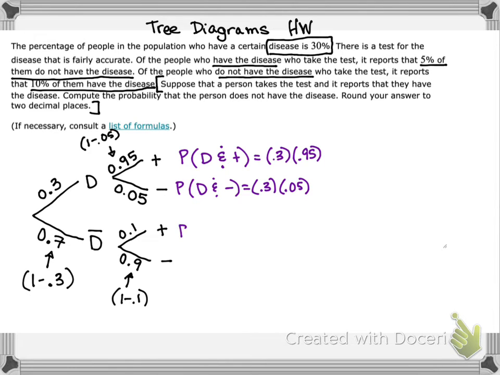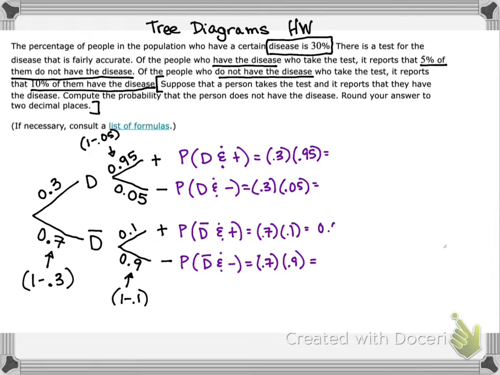This third branch is someone who does not have the disease and still tested positive. That's 0.7 times 0.1. And I will fill these answers in 1 second. The last branch are people who don't have the disease and they tested negative. So that's 0.7 times 0.9.